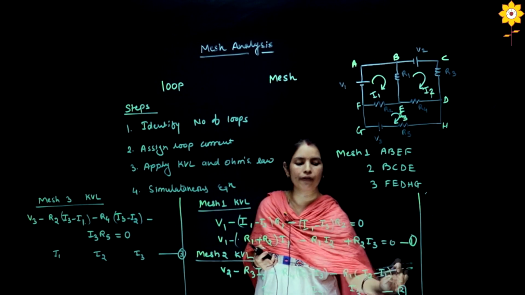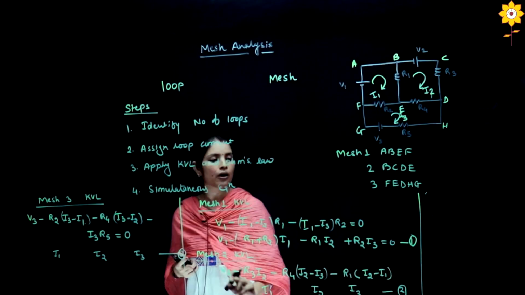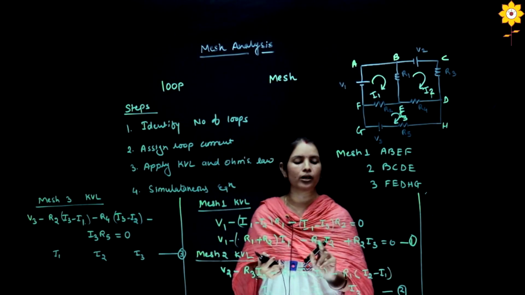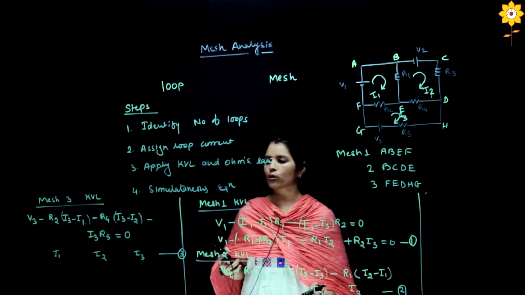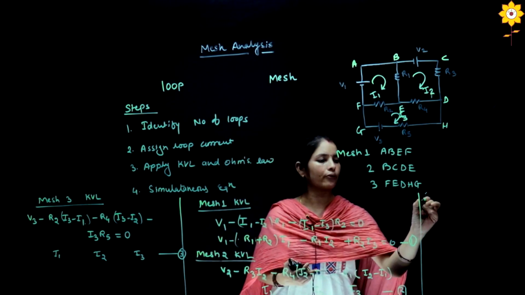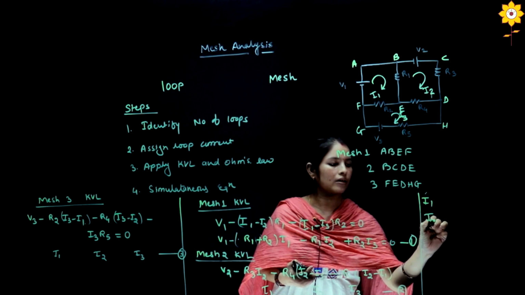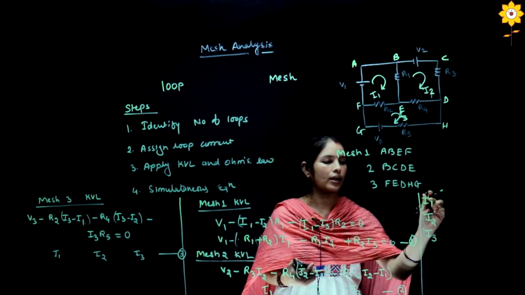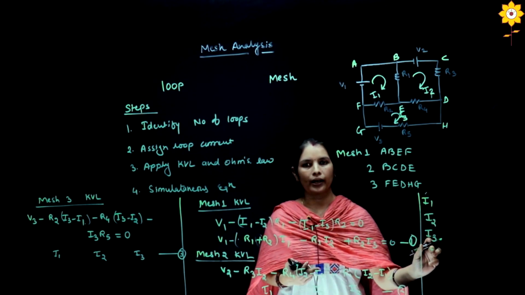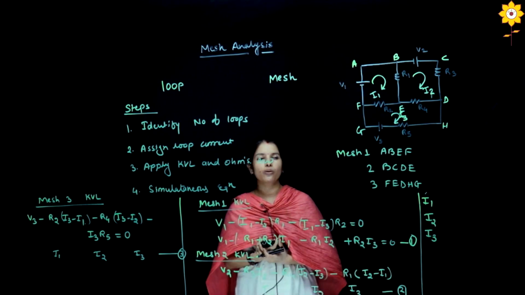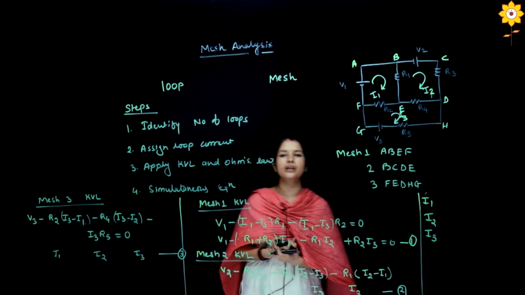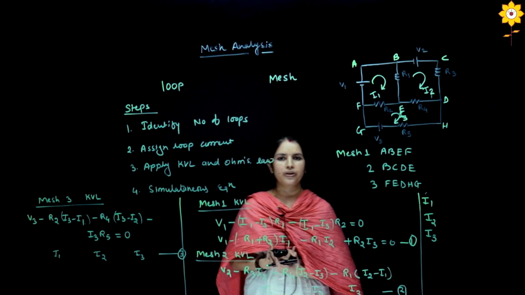We got 3 different simultaneous equations with the 3 unknowns I1, I2 and I3. By solving these simultaneous equations, we will get the values of the unknowns I1, I2 and I3. So this is the way through which we can solve any given network by using mesh analysis.